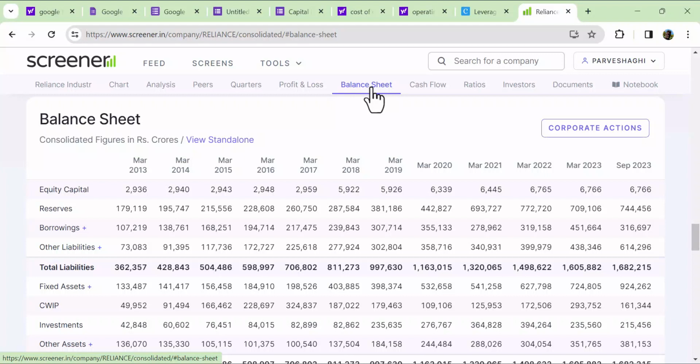Again, reserves can also grow when the company issues fresh share capital. It may issue share capital at a premium, because the company is already existing. The company has given a rights issue to its existing shareholders. It has even come up with an FPO, that means it raised money again by issuing shares to the public. When it issues shares, it doesn't issue at 10 rupees.